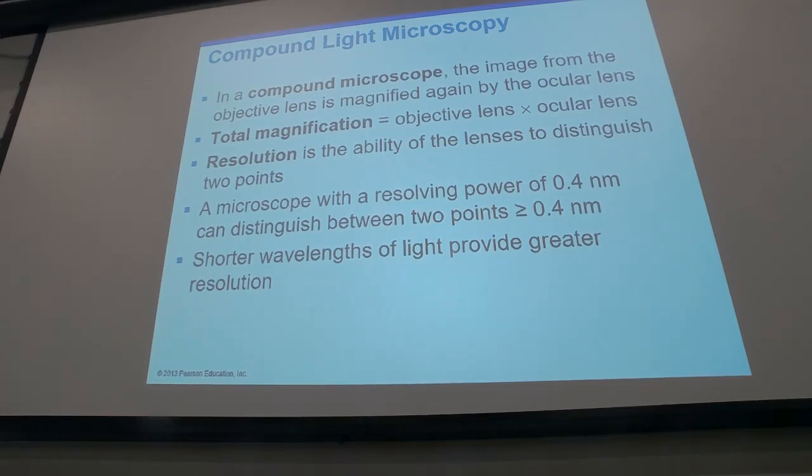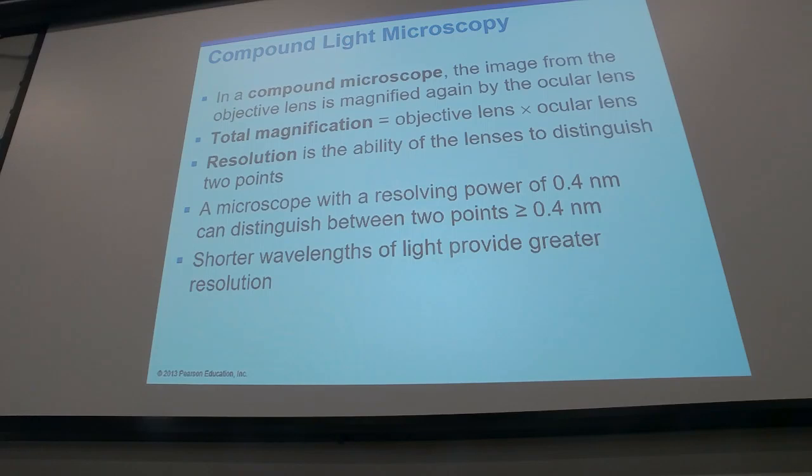Let's say that microscope number 1 doesn't have as much resolution as microscope number 2. So you have light wavelengths that will go like this and hit the object.